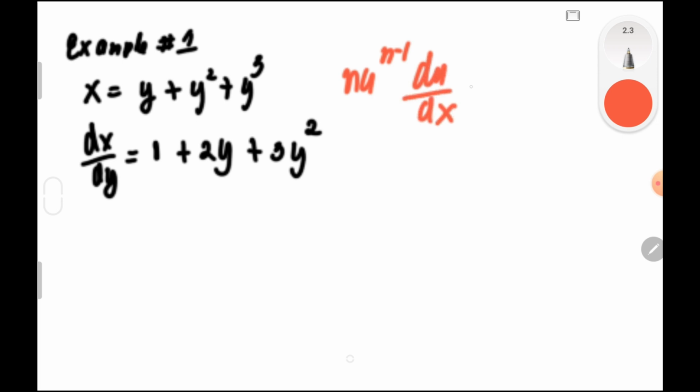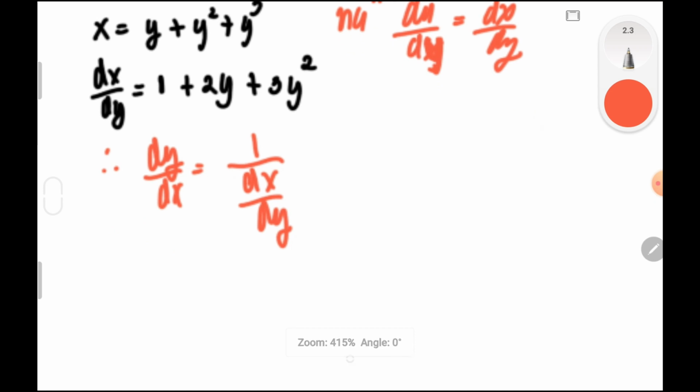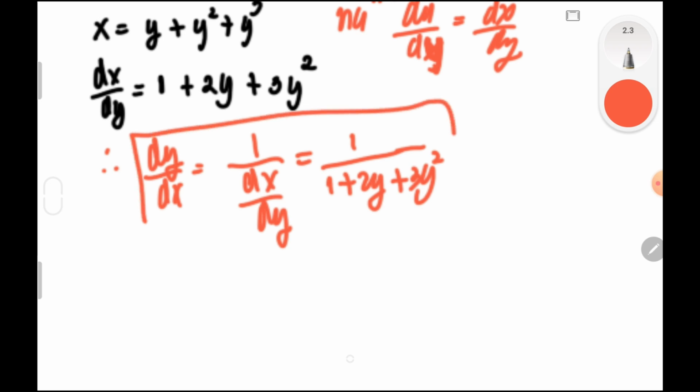This is our dx over dy. So I may solve for dy over dx, which is equal to 1 over dx over dy, which is equal to 1 over 1 plus 2y plus 3y squared. Okay, so that is our dy over dx.